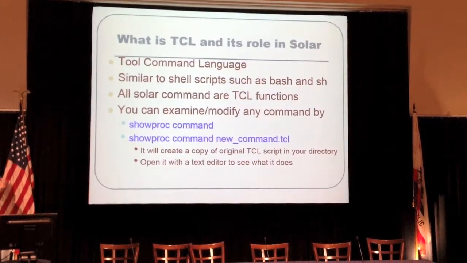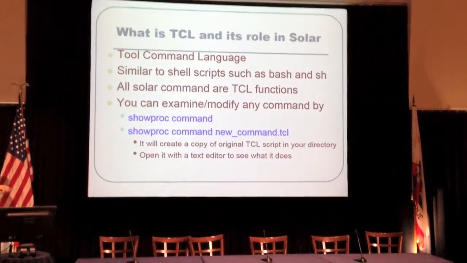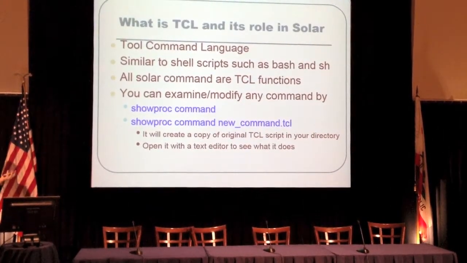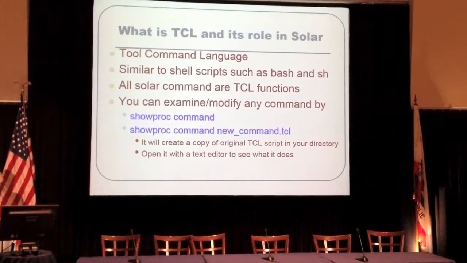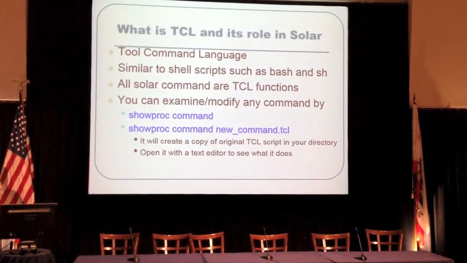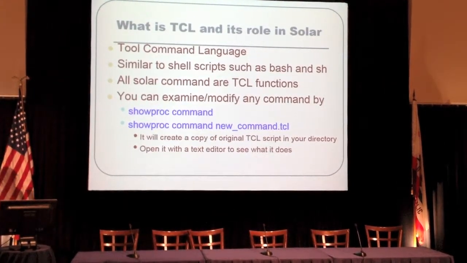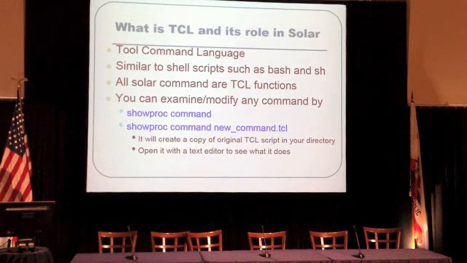So it will create a copy of the original TCL script in your directory, and now you can open it with a text editor to see what it does, and you can rename the function, and the next time you run SOLAR, it will load the function out of your home directory or out of your SOLAR directory, from the directory where SOLAR was executed.